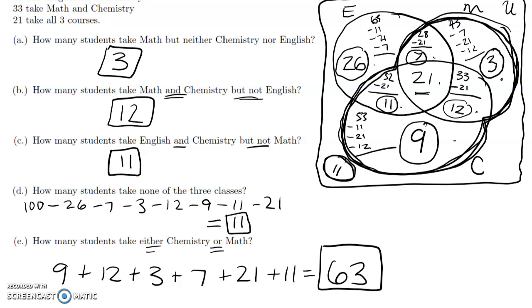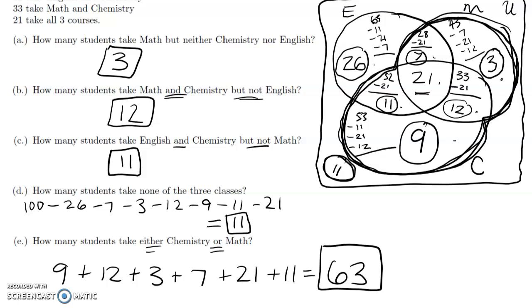There was a how many take this or this, but not both. This doesn't have that, but not both. So you always include anything in either circle. So really this is a union. This is chemistry or math is what we would have there. So it would be the union of those two.